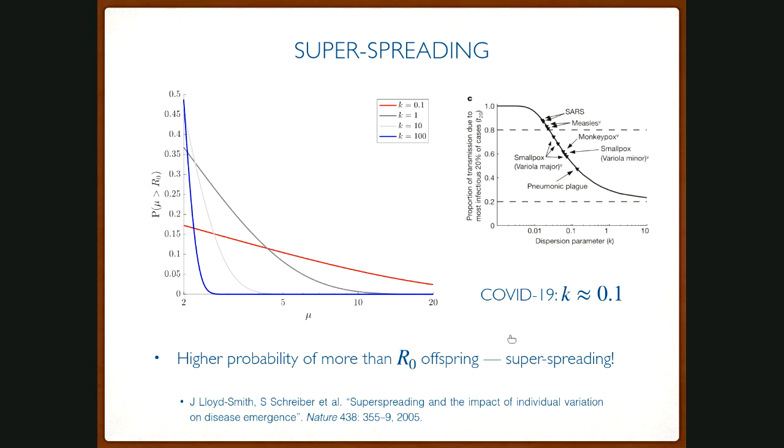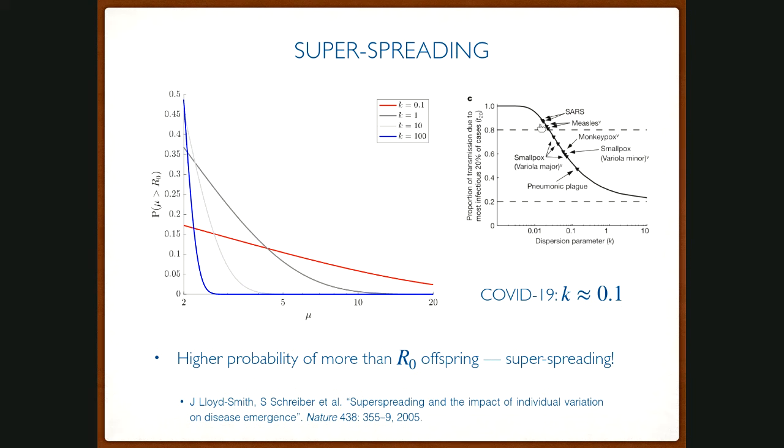This super spreading term is important because COVID-19 actually has a k parameter of about 0.1, or at least some recent estimates suggest so. Interestingly, a lot of other diseases have been looked at from this perspective, and they often also have small k values, as you can see here.